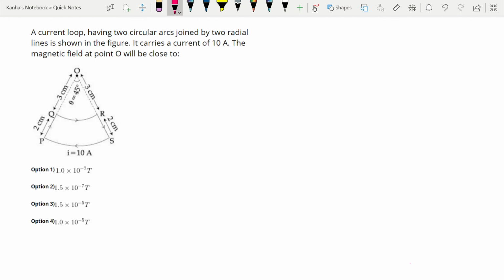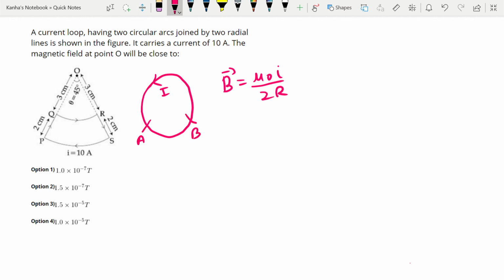First of all, let this be my circular loop. We know that the magnetic field at the center of this loop, if a current I is flowing in it, is given by mu naught I by 2 times r, where r is the radius. But what if I take just a segment of this loop? Let's say the segment AB makes an angle of theta with the center.